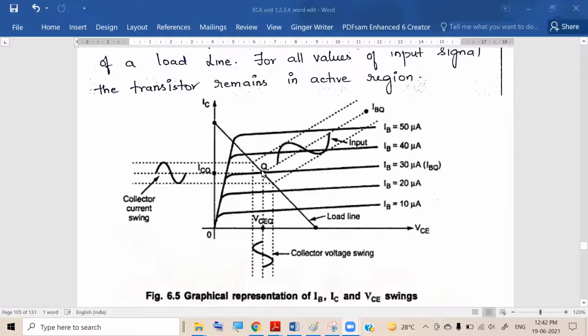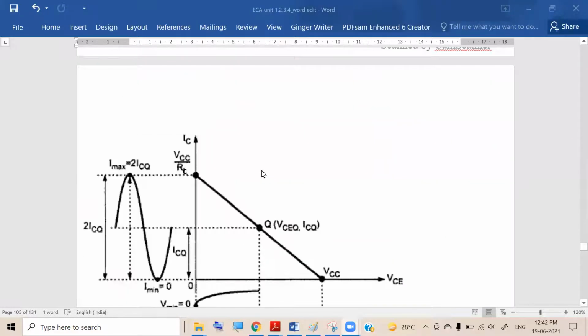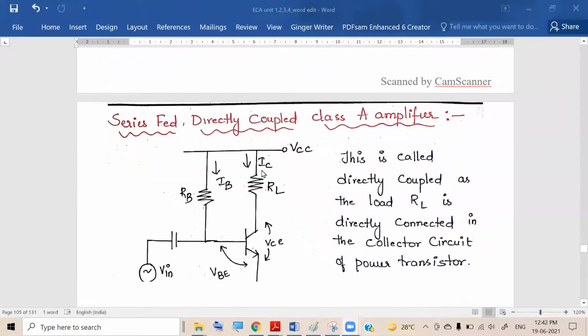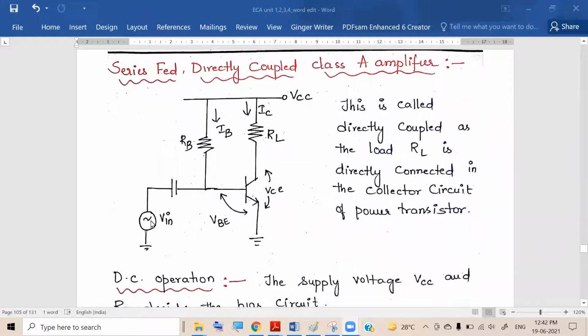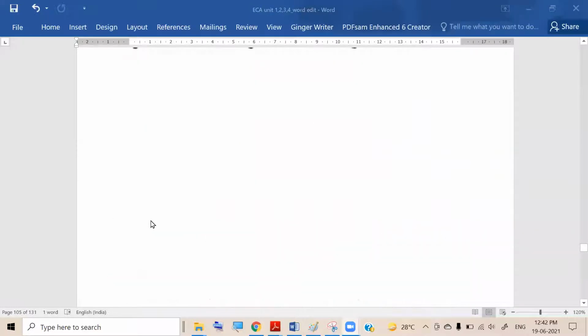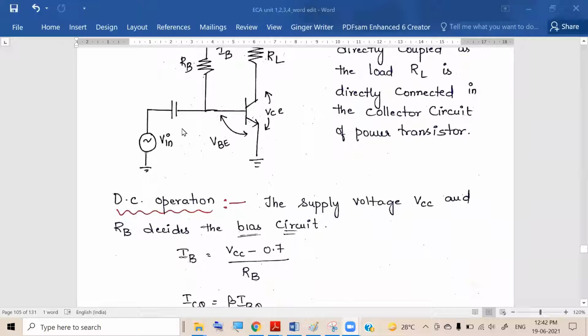Now when we connect the input signal, what happens? Before connecting V in, IB was constant. Now IB varies sinusoidally due to V in.